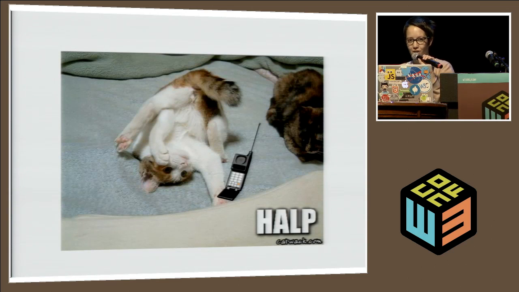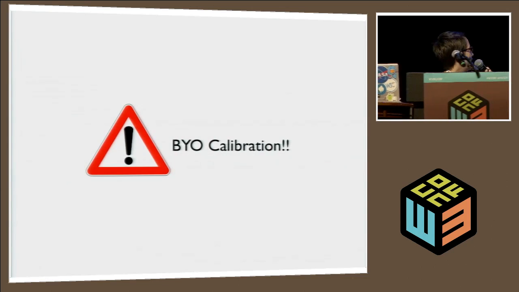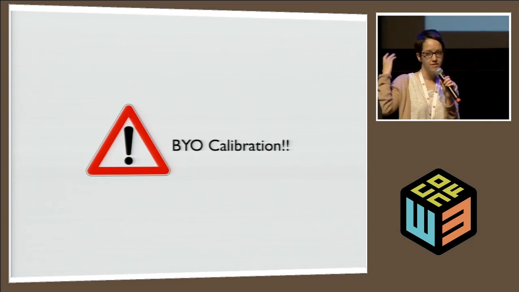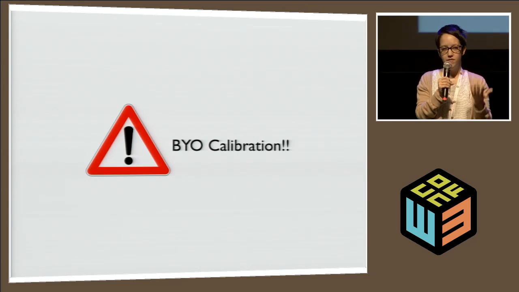So what do you do with all this, right? The answer to this is there's no easy answer. You have to bring your own calibration to the table, and you have different choices to do this. So how can you do it?